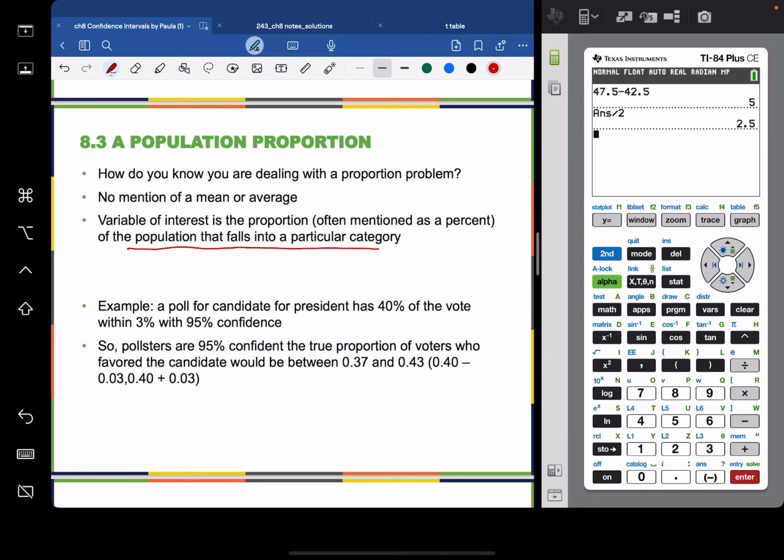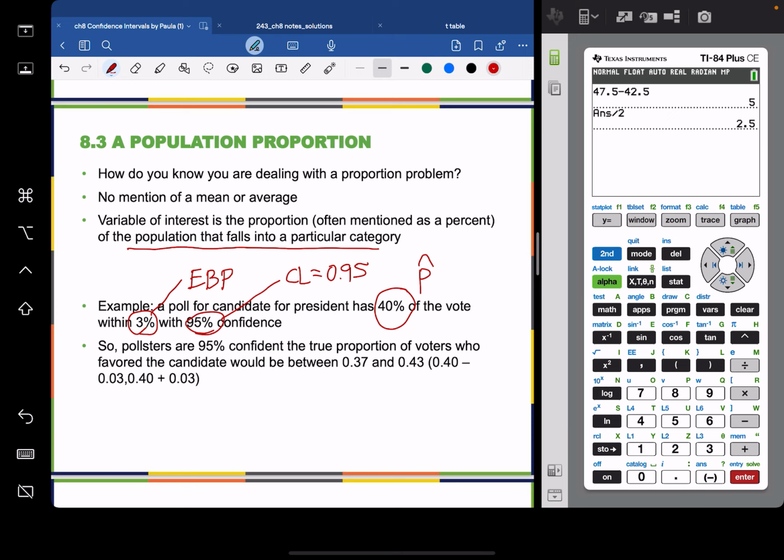A poll for candidate for president has 40% of the vote within 3%. That would be our EBP, our error bound for the population proportion. This is our confidence level, which is 0.95, and this is P hat, the sample proportion.